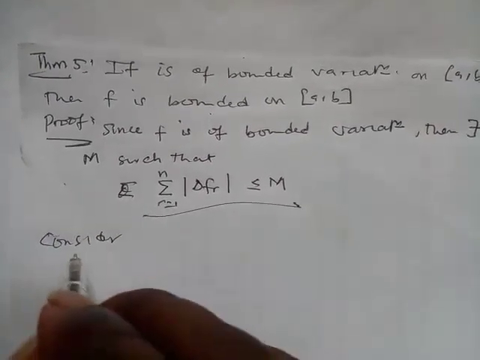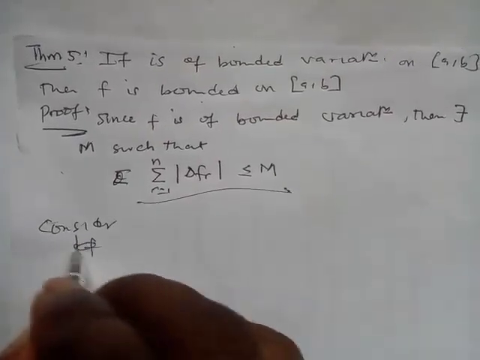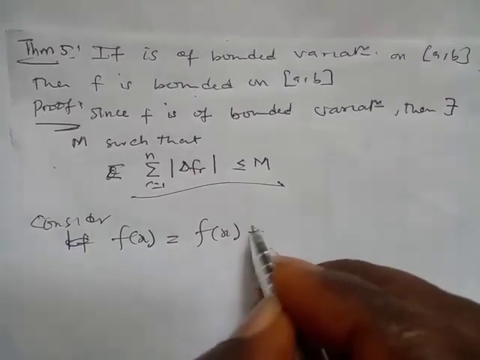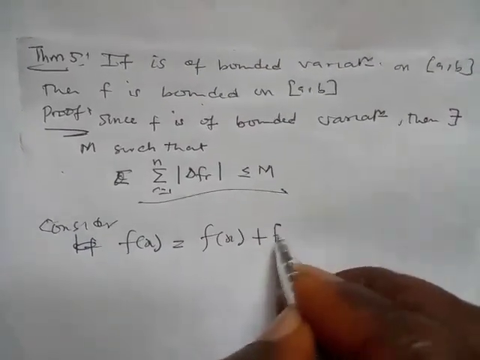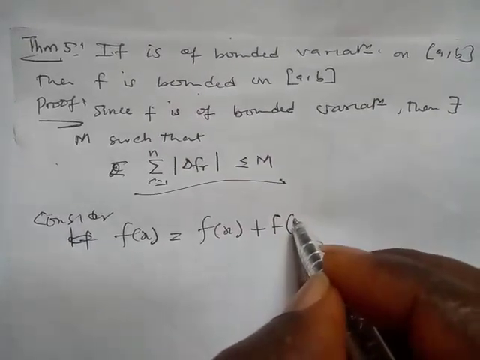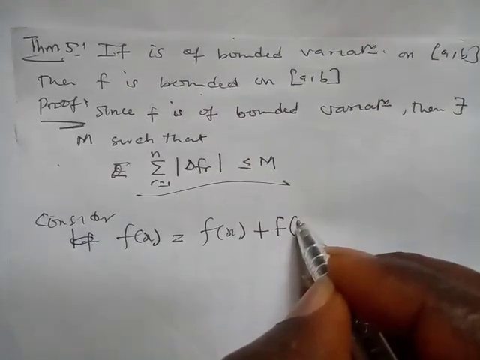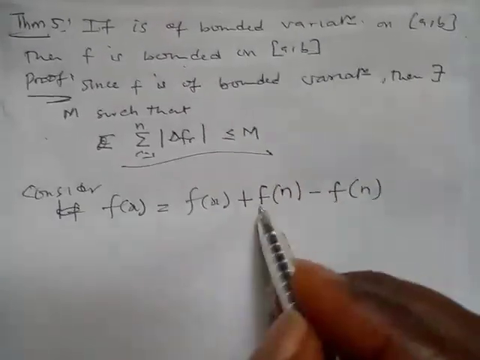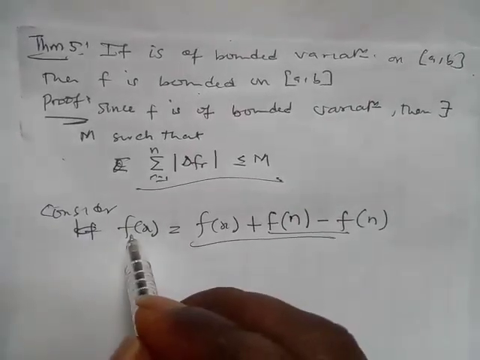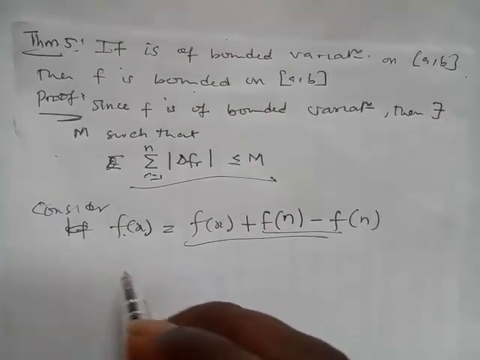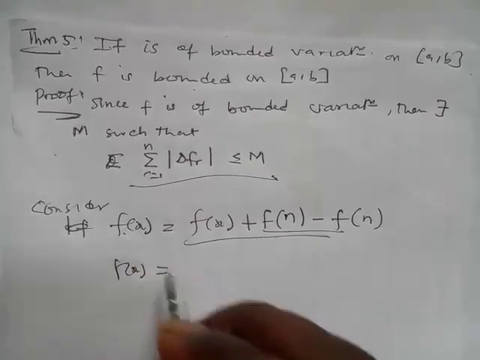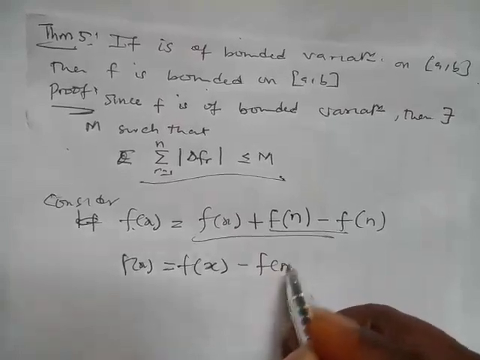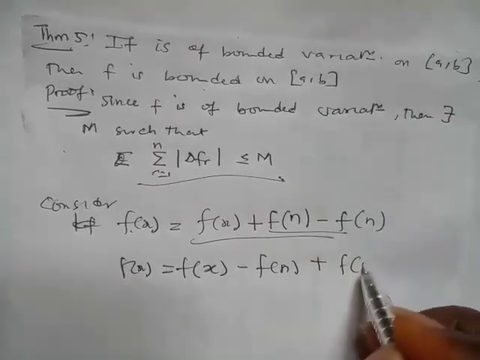Let's consider this f of x to be f of x plus, let me just use any constant, let's say f of a minus f of a. You know that whatever we have written here is the same thing as f of x minus f of a plus f of a.